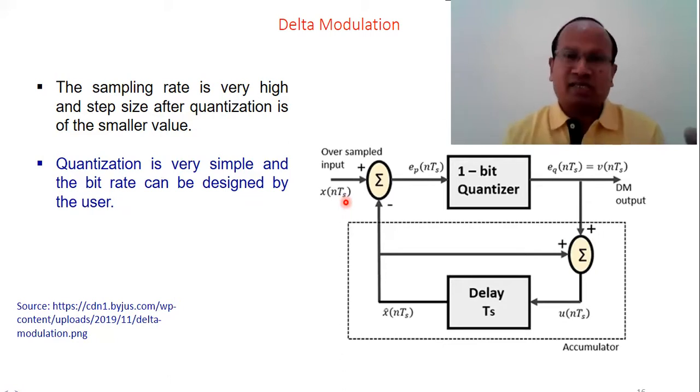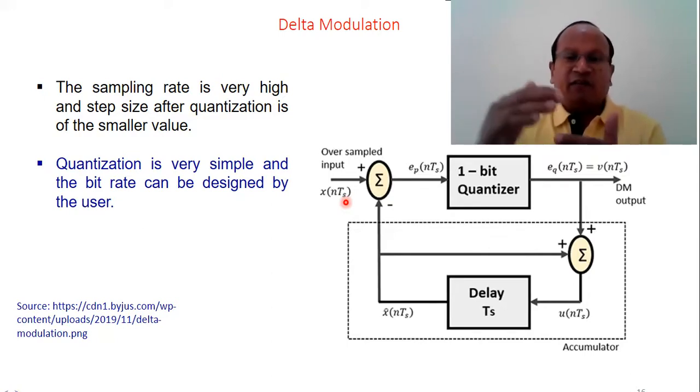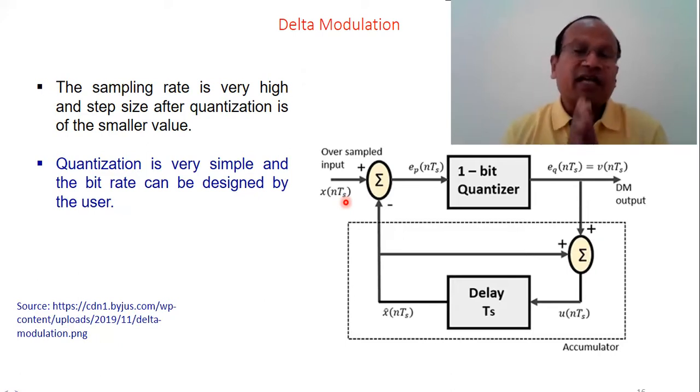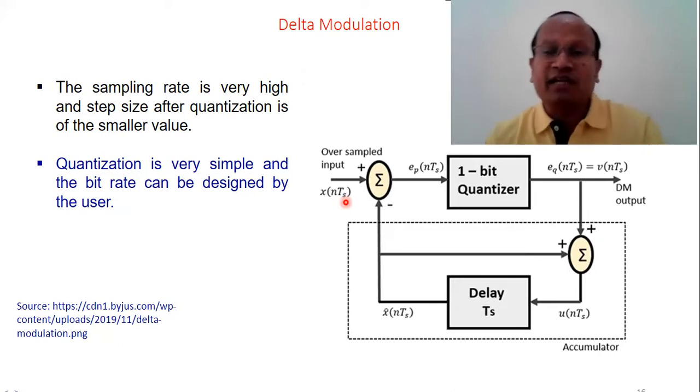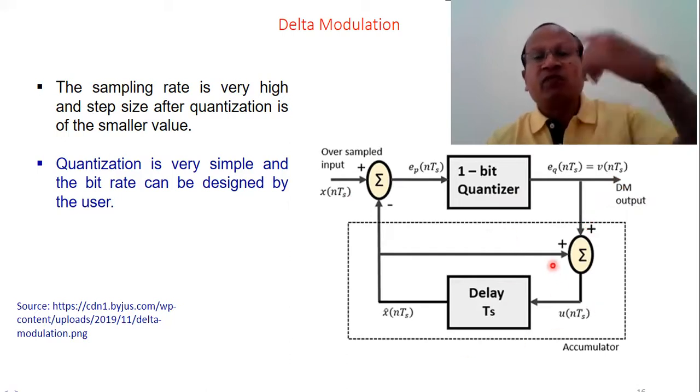Say there is no change, there will not be encoding. When there is no change, the same bit will be transmitted. If there is any change, that change will generate one bit, and accordingly the bit will be generated. So you look at here, one bit quantizer, and that will be the output, and then this is given as a feedback, and there is a delay element where the previous pulse will be stored.